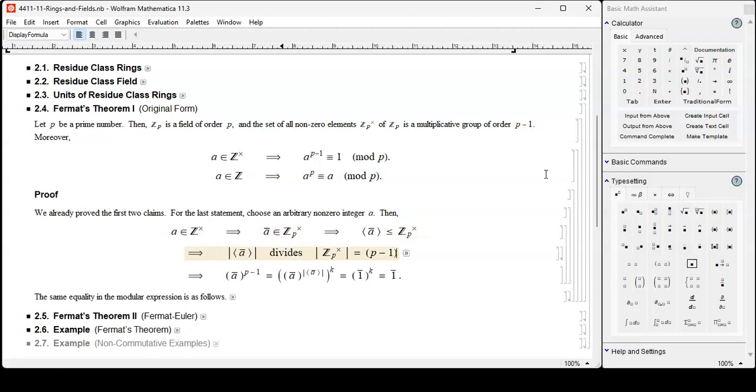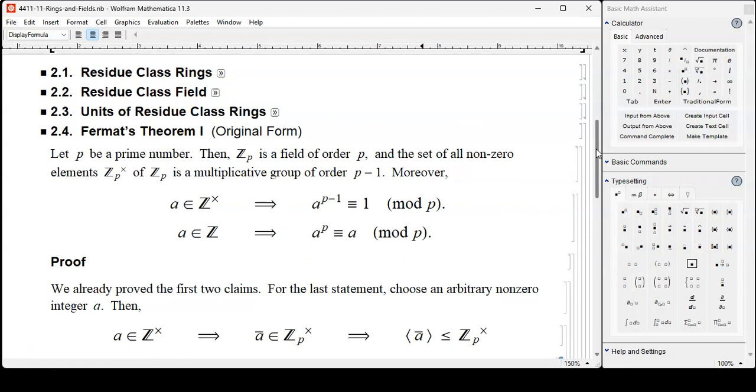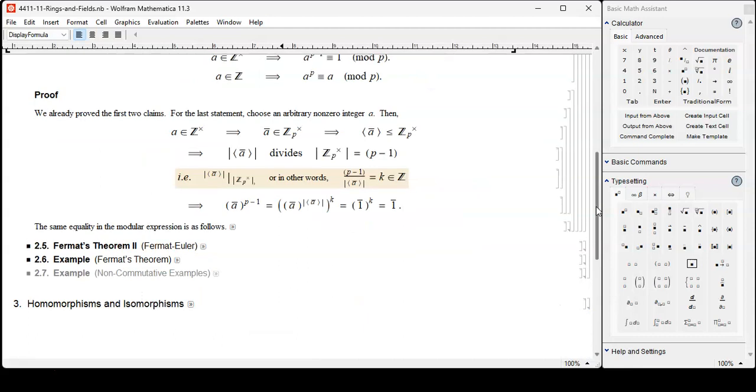Remember that. So the order of a divides the order of the original group, Zp star, which is p minus 1. And I can rewrite it like this, but it's really hard to read. Maybe you can read it better if I increase the font. The order of a divides the order of Zp star. In other words, this order times some integer k is p minus 1, so you can write p minus 1 over this order is some integer k.